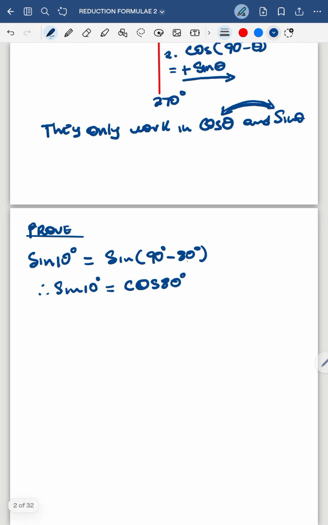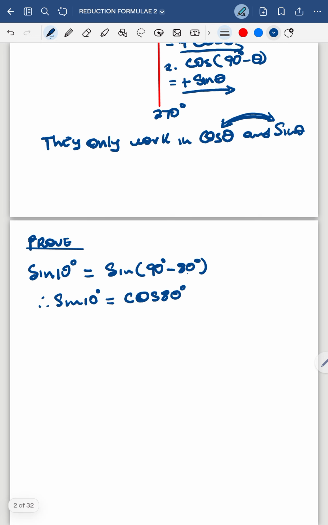If you check on your calculator, sine 10 degrees is the same number in the calculator when you press cosine 80 degrees. Hence these are called cofunctions. So now let's see on the calculator what number we are going to get. If I press sine 10 degrees, I'm going to get 0.1736 and so on.